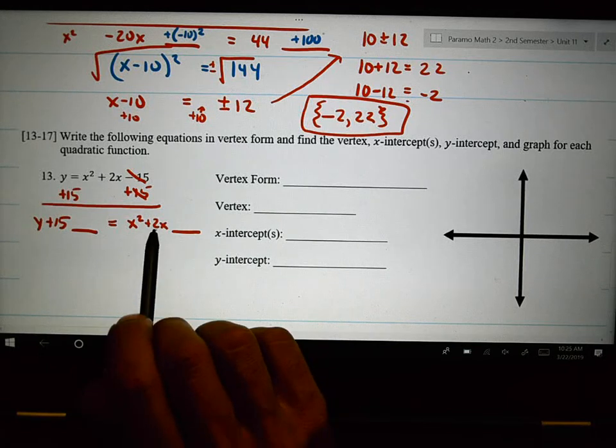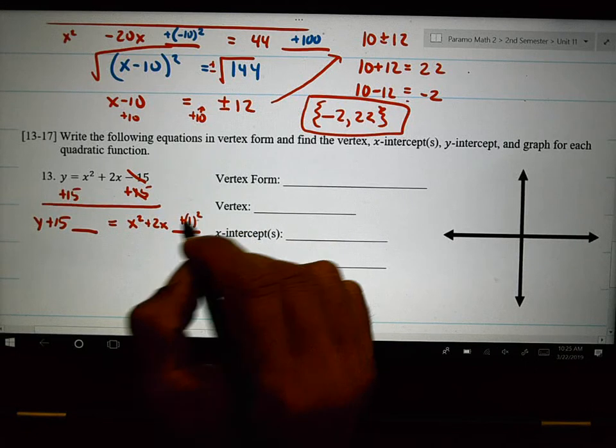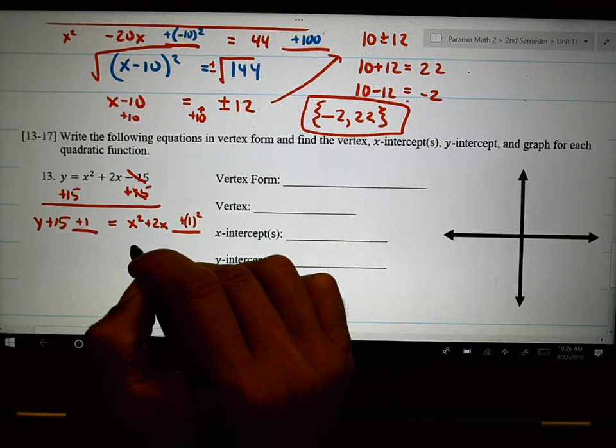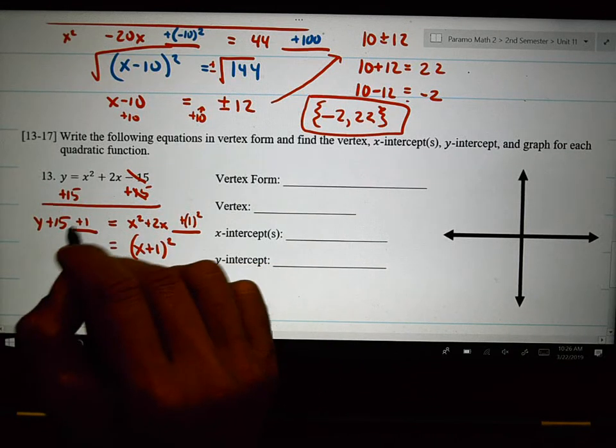This time, if my b value is a 2, half of b squared is I'm adding 1 squared to this side. I'm going to add 1 squared to that side, which is 1. And this factors perfectly. These two things you can simplify.